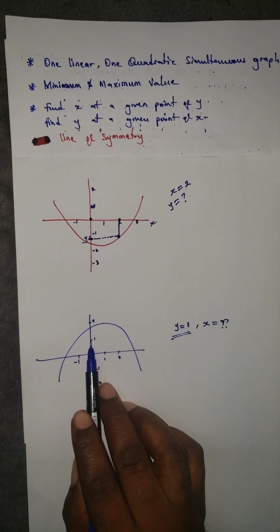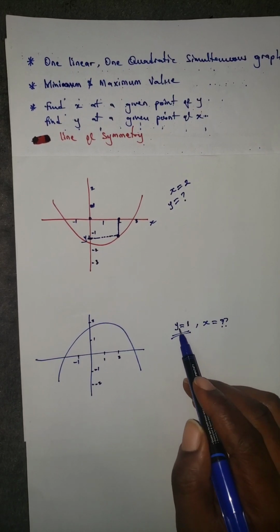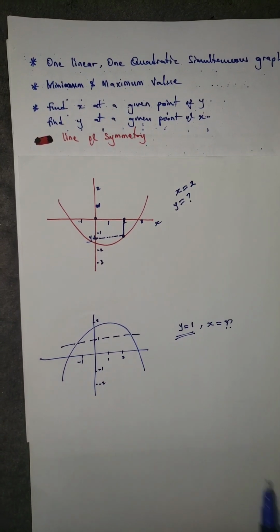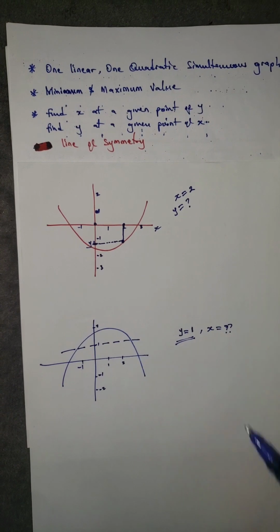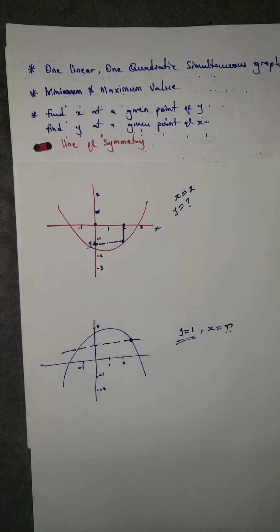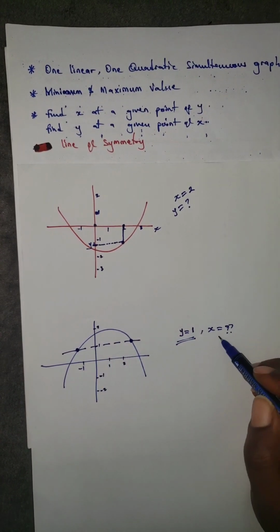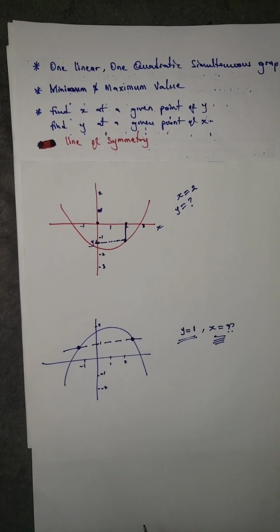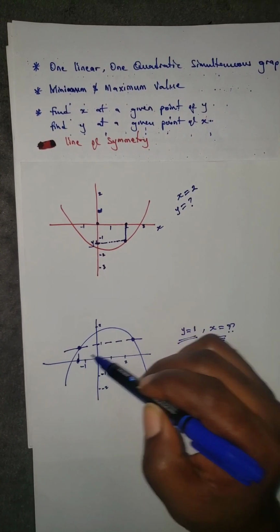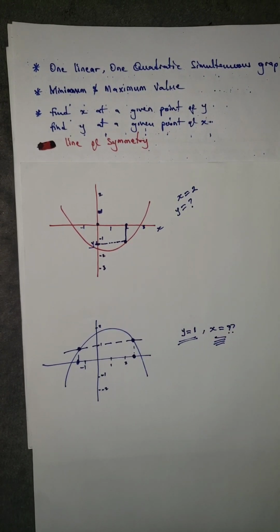So in this case, 1 is not the turning point. So if I'm asked to find the value of s at y equals to 1, I will draw a straight line that passes through 1, parallel to the s-axis. The point that that straight line meets the curve, that's the point that I'm looking for. So all I need to do is to trace it down and find the value here, trace it down and find the value here. So that will give me the s values that I'm looking for.